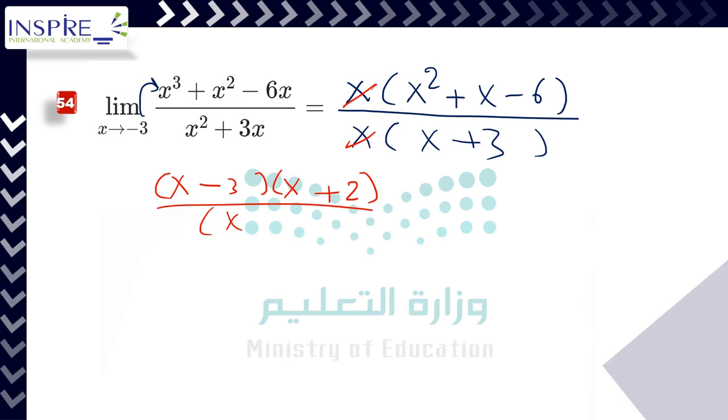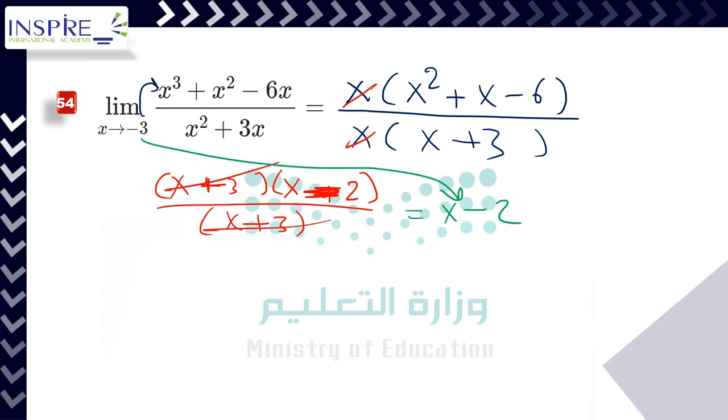And here down, I'm sorry, it's +3, -2. Okay, +3, -2. And here we have x plus 3. We will cross out x plus 3 with x plus 3, and the remaining part will be x minus 2. We will plug in -3 again. It will be -3 -2, it's -5.